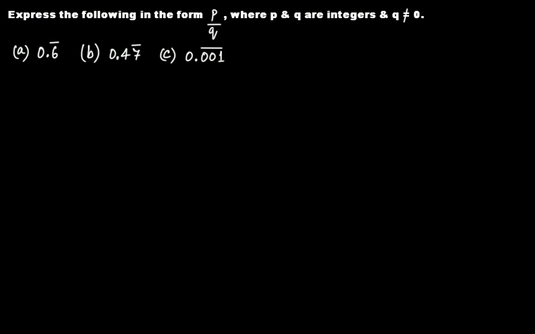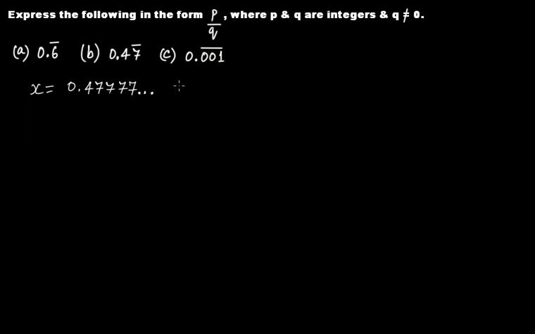Now, in the second one, you have 0.4 and the bar is over 7. So this is 0.477777 and so on. Let's assume that it is actually equal to x.